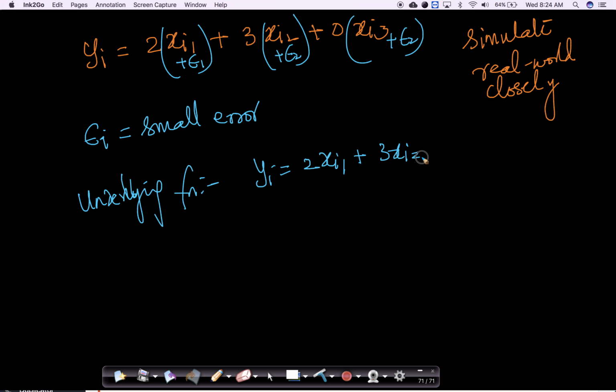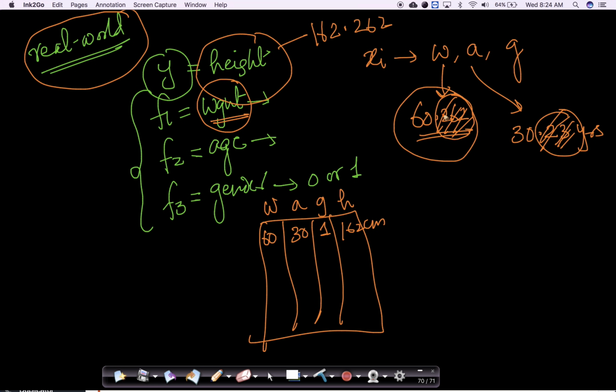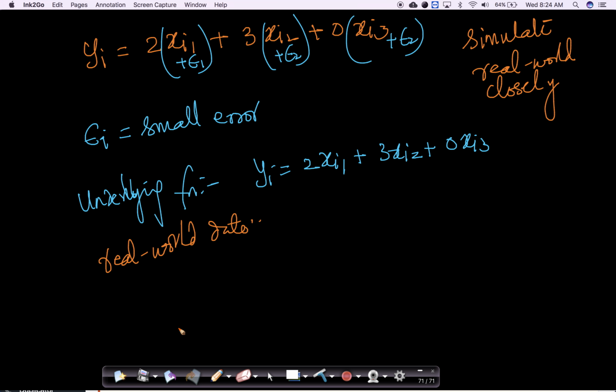This is the underlying function. But when we are simulating the real world data, because in the real world there will be all these small errors that are introduced, you want your linear regression formulation to work in the real world, not just on simulated data. So to simulate real world like data, we are adding a small error term.